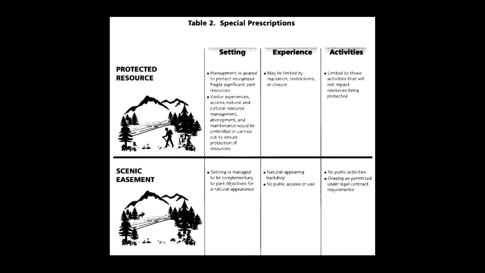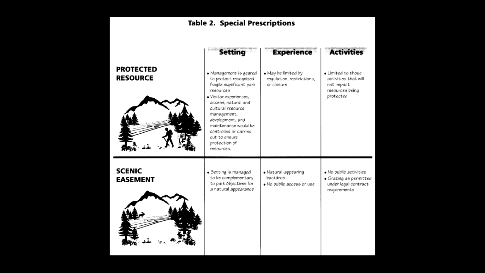So if you have a zone called protected resource, here's a description in a table of a physical setting. Management is geared to protect fragile park resources, and a description of visitor experiences that they want to have happen there. And then under protected resource, under experiences, they are saying that this is an area that maybe at some time needs restrictions, and even at some times may require temporary closures.